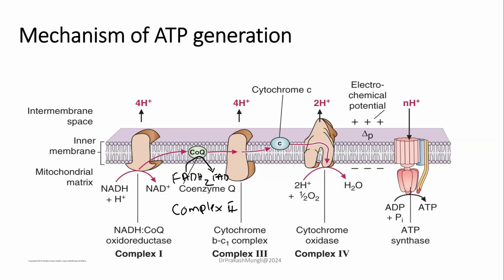And similarly, complex 2, where FADH2 gets in and is oxidized to FAD, that means 2 protons again enter into coenzyme Q. So now complex 1, after getting its protons from NADH, acts as a proton pump.